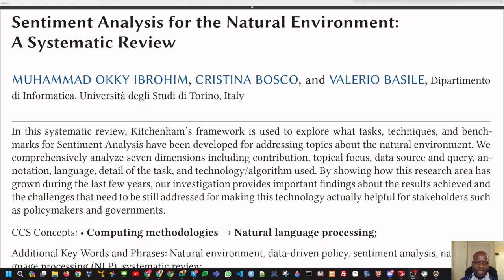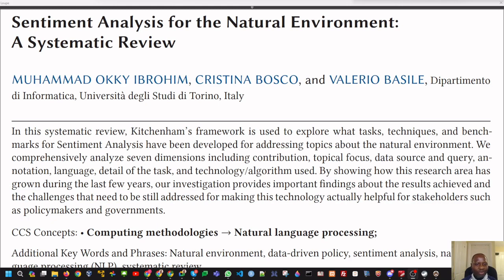What I'm not sure of is whether this is the right university, because you need to see the English name to check, where I had a number of colleagues who did research there. It is important to note that I'm not going to look closely at the topic itself. I'm more interested in their methodology. How did they conduct the literature review?